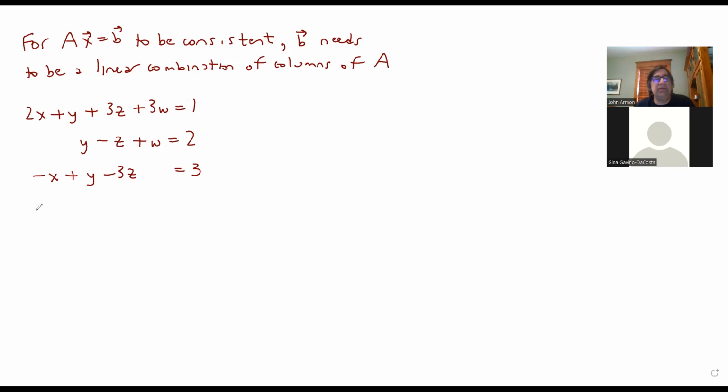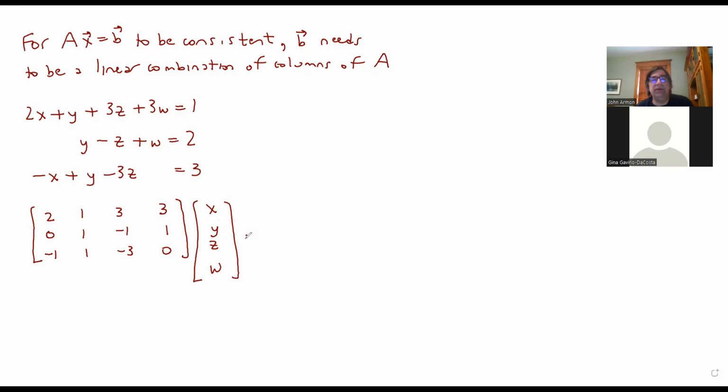So you think about the matrix that you're going to form here. Coefficients are going to be 2, 1, 3, 3, 0, 1, negative 1, 1, negative 1, 1, negative 3, 0. That'd be the coefficient matrix. And then if we want to actually write this as a system, your column matrix for the variables x, y, z, and w.